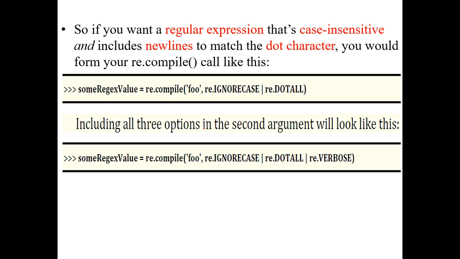Let us take one simple example. If we want a regular expression that is case insensitive and includes newlines to match the dot character, we would form our compile method call as follows.